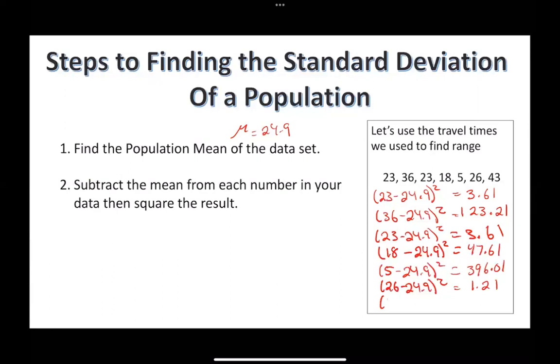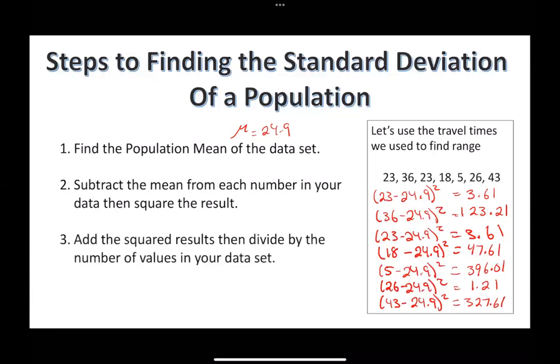Finally, 43 minus 24.9 squared equals 327.61. Okay, so I took each value, subtracted the mean, and then squared the result.